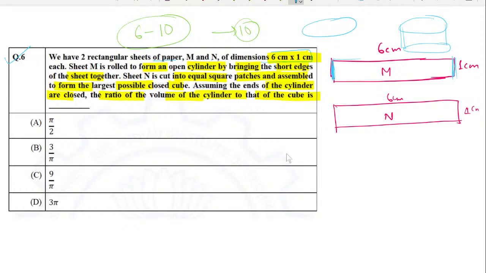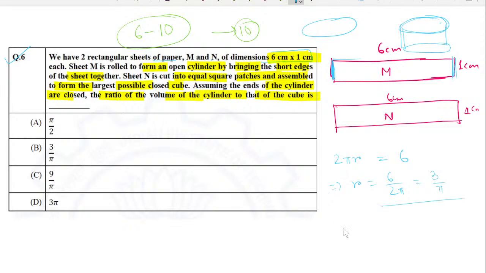That means 2 pi r equals 6, where r is the radius. So r equals 6 by 2 pi, which is the radius of the base of the cylinder, equal to 3 by pi.